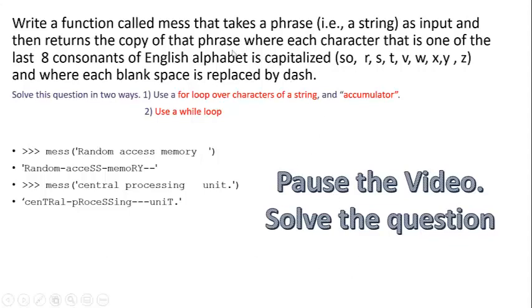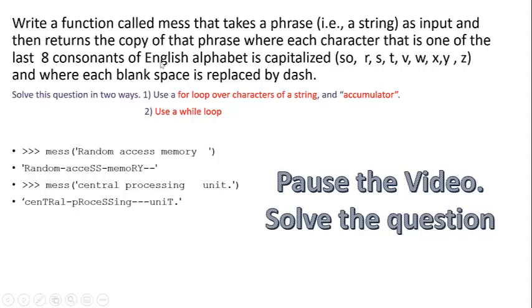Okay guys, so let's read the question again together. Write a function called mass, this is the name of the function, that takes a phrase. So when I define the function, it should have an input parameter which is a phrase, and then returns.